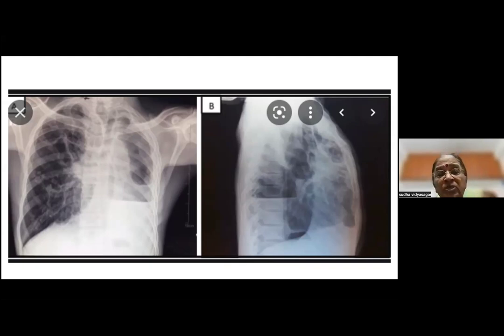Now, all this makes you think that it is not just a lung abscess. It's probably a pneumothorax with some pleural fibrosis. That's why you're getting this amount of crunching there. Can you make out? The size of this lung is half the size of the right lung. You make that out. So this is the lung which is really complete, and you can see the complete crowding of the ribs here.